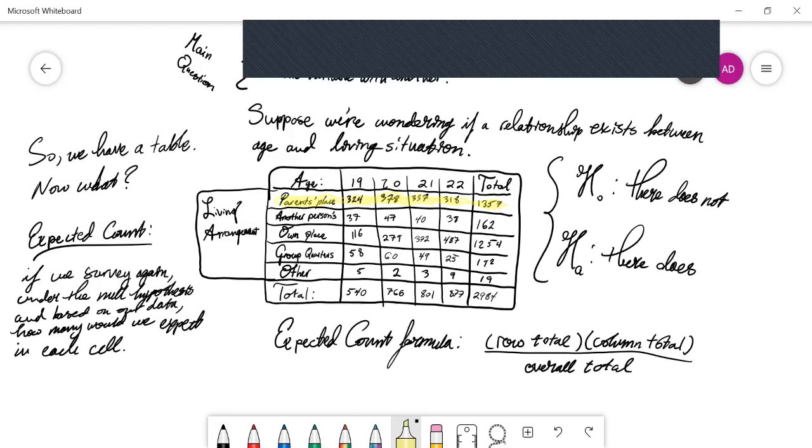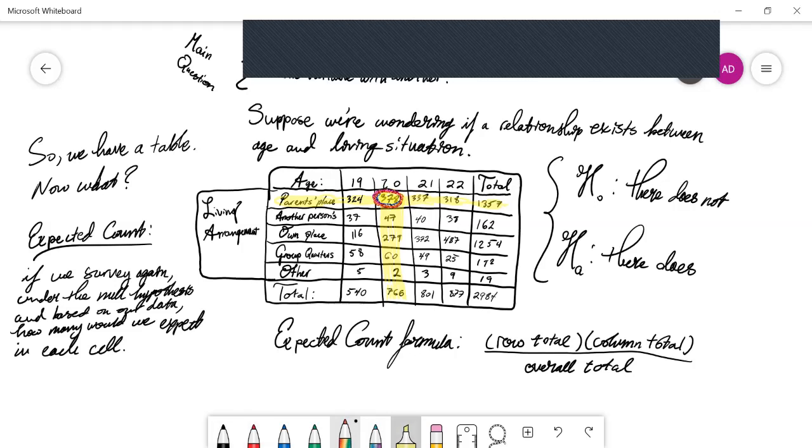But now when I pick a column total, let's say for 20-year-olds, I'm now looking at this entire total for 20-year-olds. And where this highlighting intersects, let's use rainbow glitter, is in that cell for 20-year-olds that live at their parents' place.